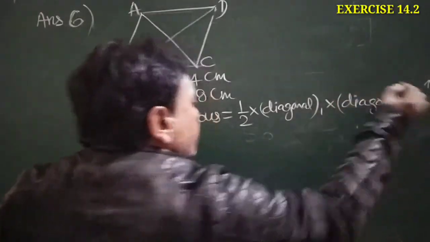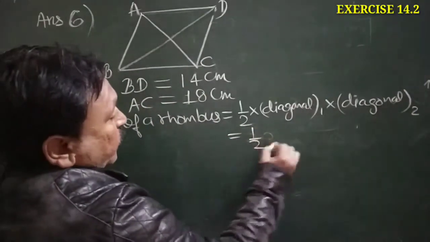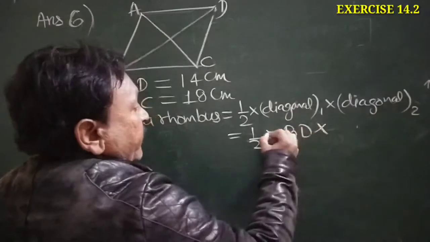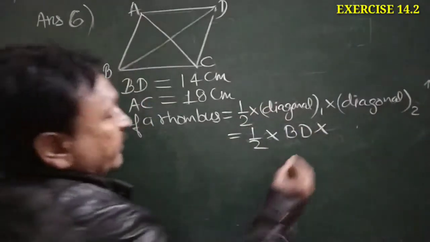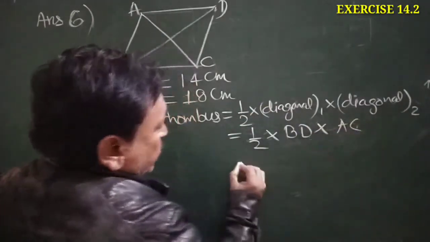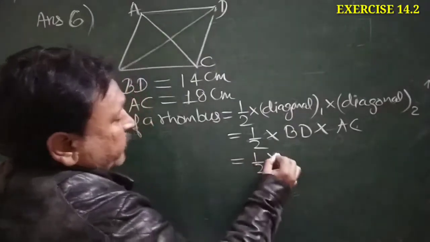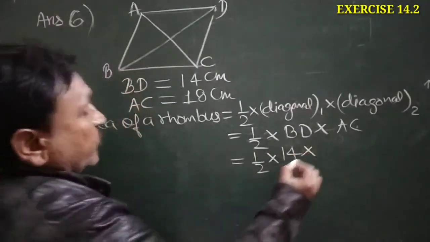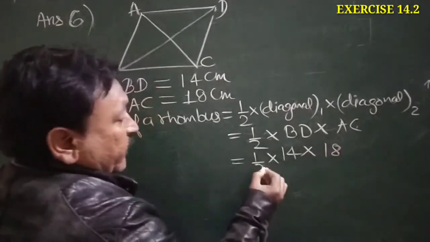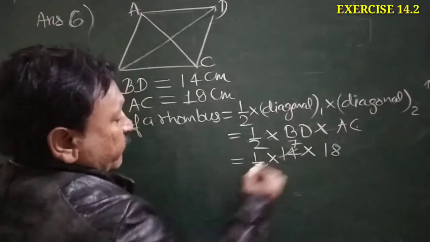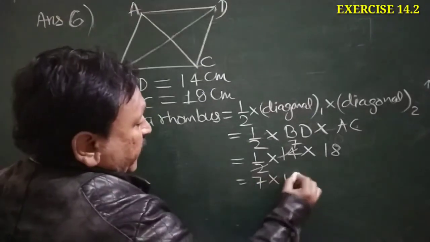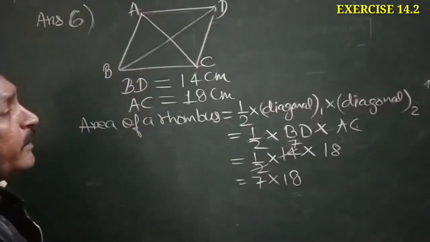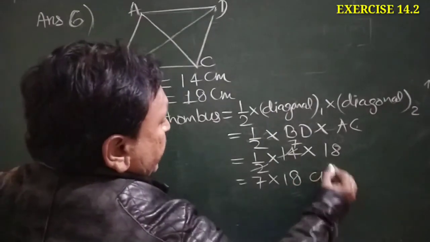So half into, we can say diagonal 1 is BD and diagonal 2 is AC. So in place of BD and AC, now substitute their values. BD is equal to 14, AC is equal to 18. 2 7s are 14, so 7 into 18. Now just do the multiplication and you will get your answer in centimeter square.